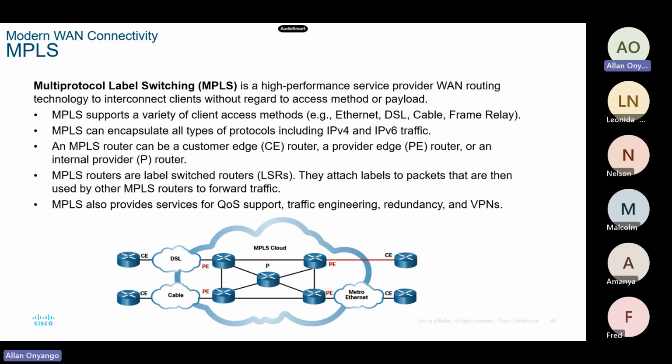An MPLS router can be a customer edge router, a service provider edge router, or even an internal provider router. The routers are always label switched routers, and that means that they attach labels to packets that are then used by other MPLS routers to forward the traffic. There are many services that MPLS can provide, including VPNs, traffic engineering, redundancy, quality of service, and so forth. So that is MPLS for us.